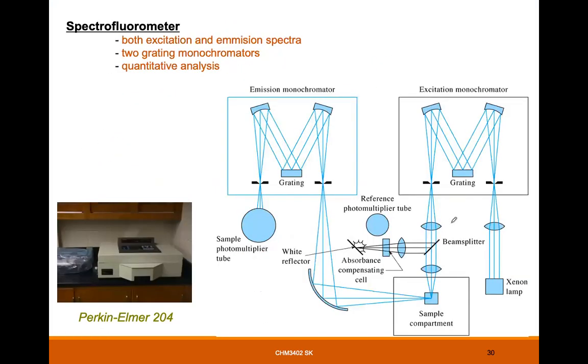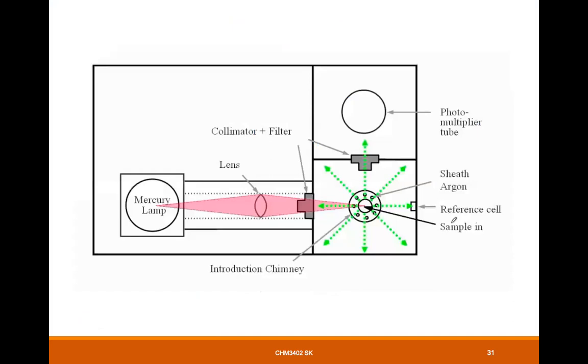Okay, so this is how it looks for a spectrofluorometer. And this one is how it looks for an atomic fluorescence spectrometer. Because we learned about the atomic absorption spectrometer, we learned about the atomic emission spectrometer, and this one is the atomic fluorescence spectrometer.